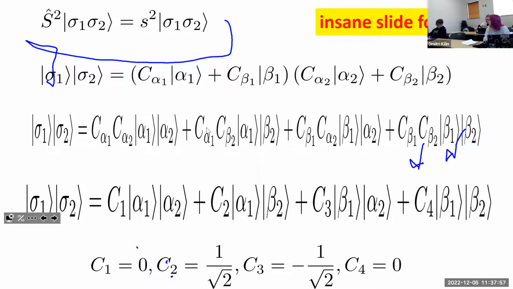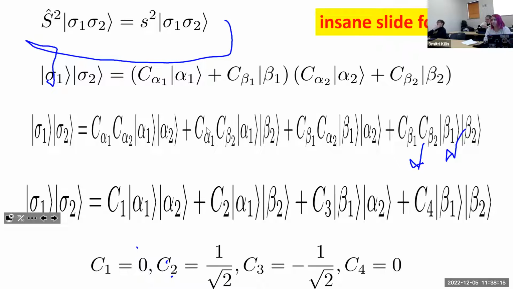So where these 0 coefficients stand in front of up-up and down-down, right? And this plus 1 over square root of 2 and minus 1 over square root of 2 stand in front of up-down and down-up. Okay.